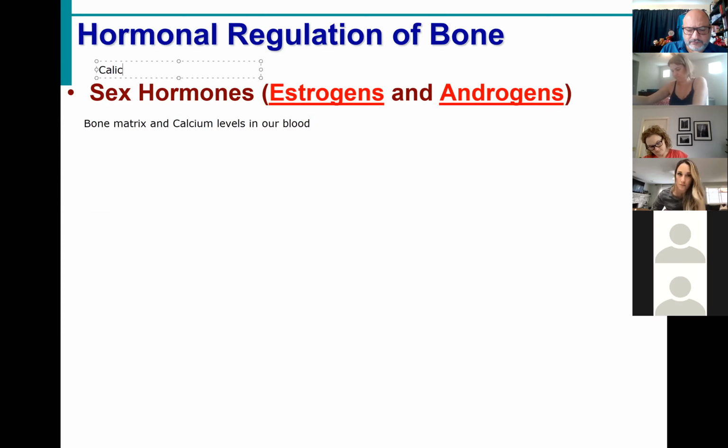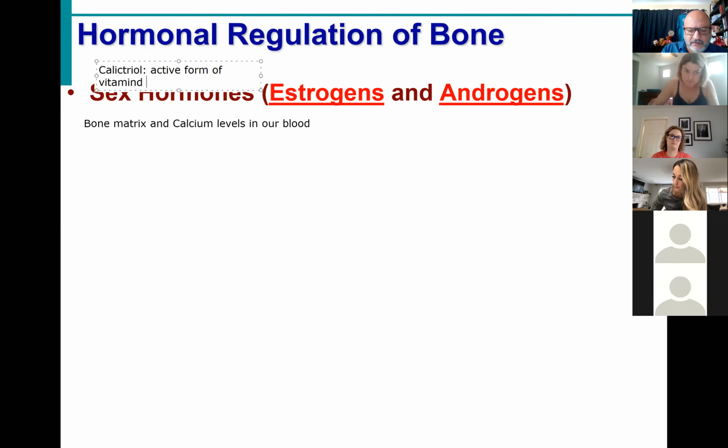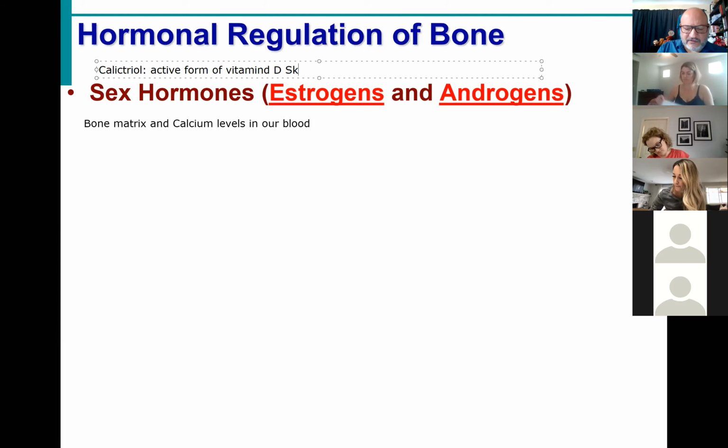Calcitriol is again that active form of vitamin D. Right. We get it originally from the skin. The kidney then, skin is where we get the vitamin D, although it's actually activated in the kidney, the lungs, liver, stuff like that, but we won't worry about that process.